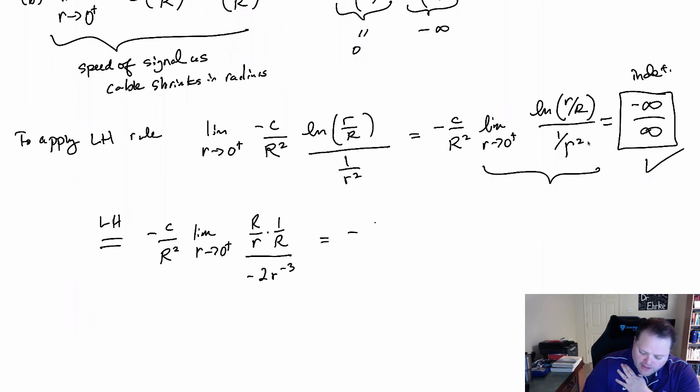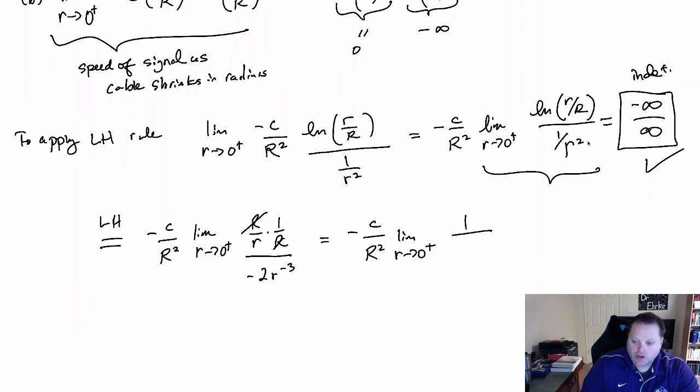And so if I clean this up a little bit, in the top the big r's cancel out. You've got 1 over r. And you should be careful here because this r is in the denominator, but the r that's already in the denominator is a negative r, so it's actually in the numerator. So this r is in the denominator, this r is in the numerator.